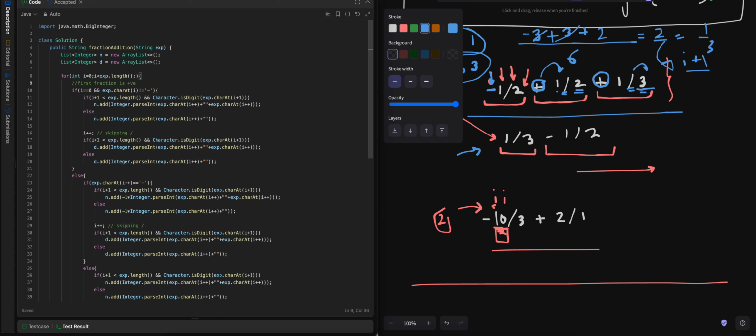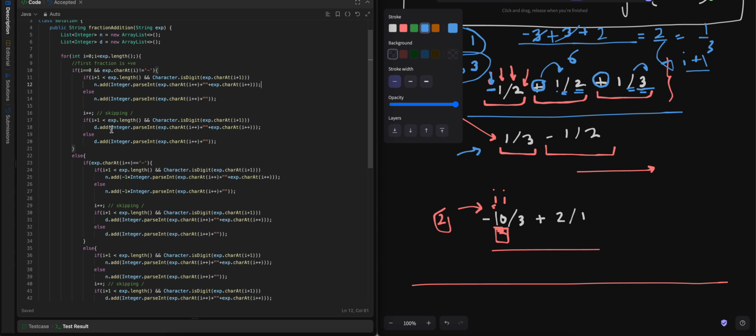In that case, we will only have 3 characters, so there is a little bit of difference. So when i is equal to 0 and the first fraction is not negative, that means it is a positive fraction. So in that case, we don't have to multiply it with -1. So that's what we did.